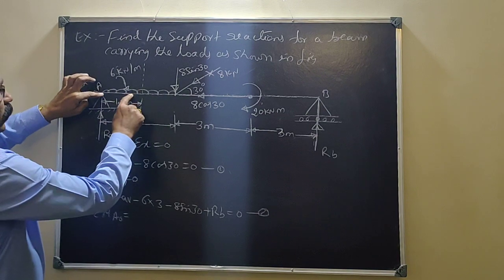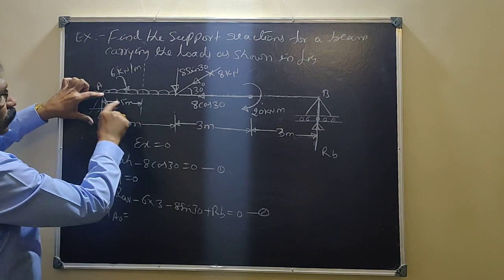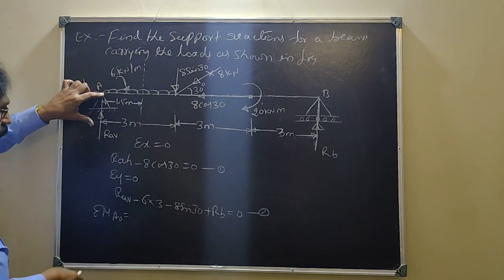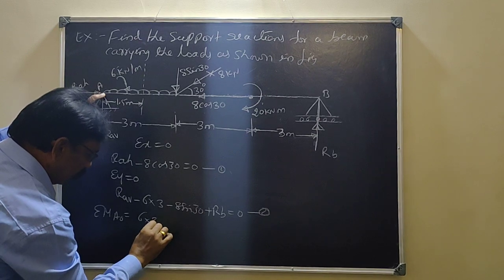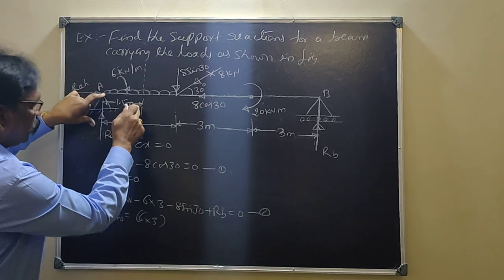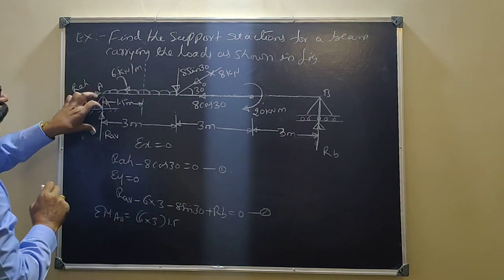Now the total load is acting at its midpoint at a distance of 1.5 meter. The total load multiplied by distance will give the clockwise moment, so that is 6 into 3, the total load, acting at a distance of 1.5 meter.